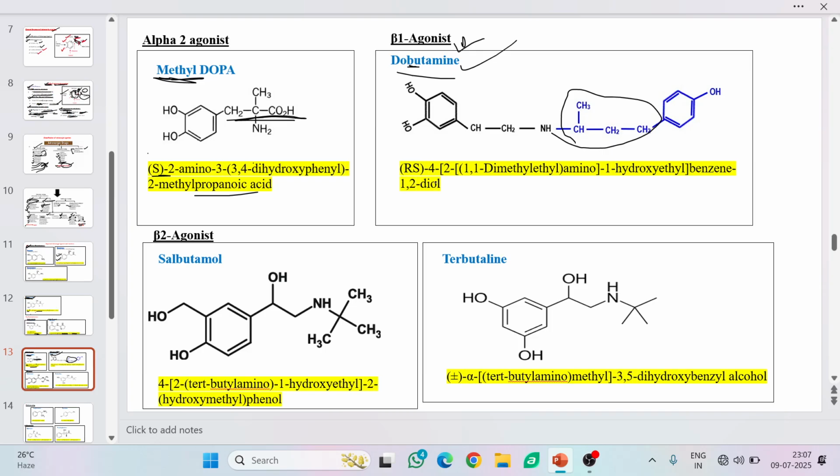The IUPAC name is very big, and you need not remember all this big name. Just remember in this case a butyl side chain comes with this phenol. Simple. So dobutamine. But still, we will understand the IUPAC name of this drug.